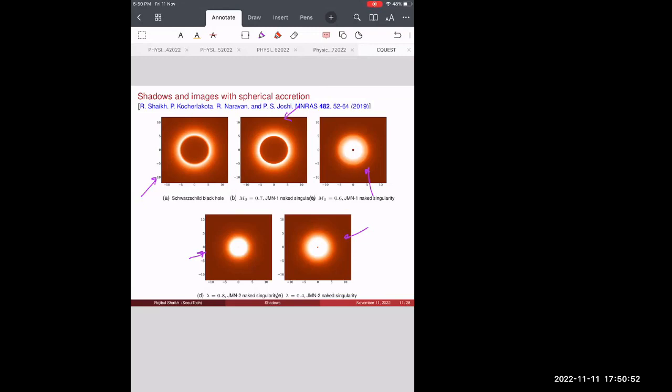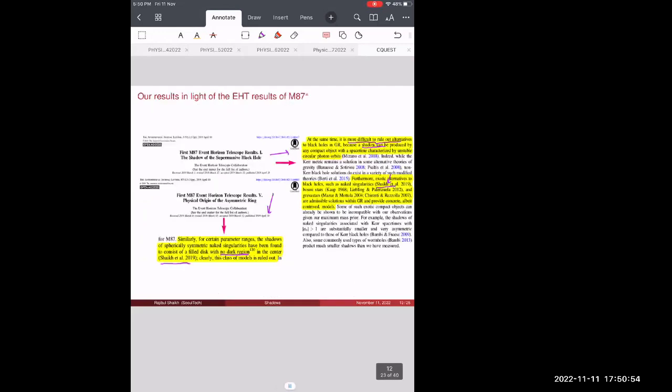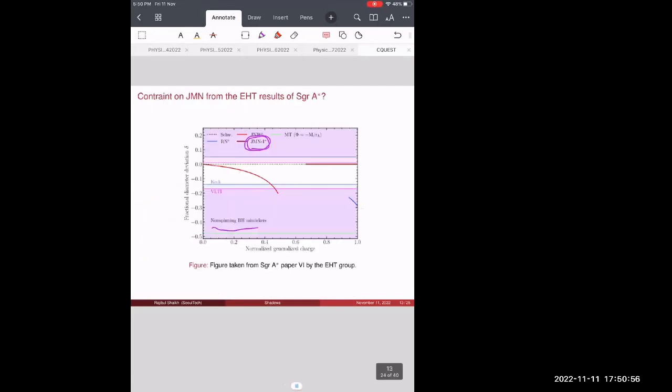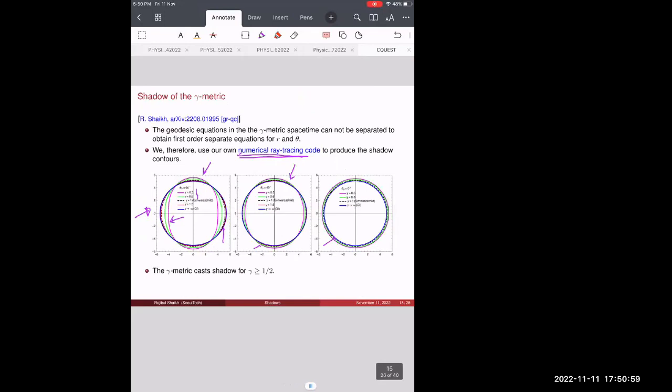I see. But I'm talking about only this boundary of the shadow. There I'm not considering any photon source. If there is a photon source, whether it's far away or close to the event horizon or the surface of the compact object, then this boundary must correspond to the shadow.